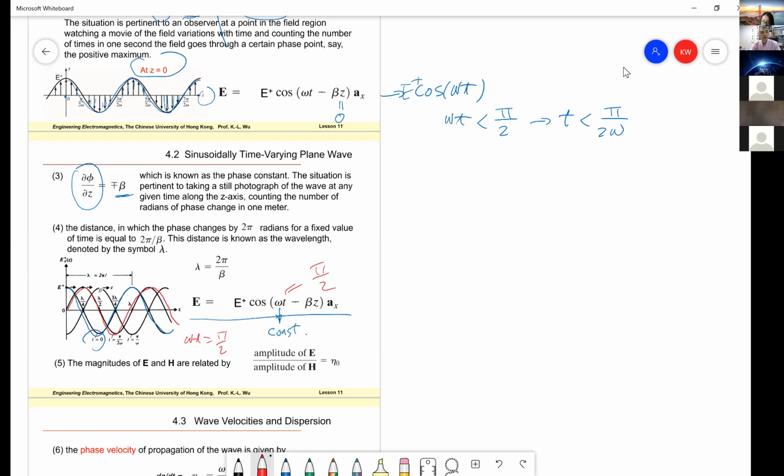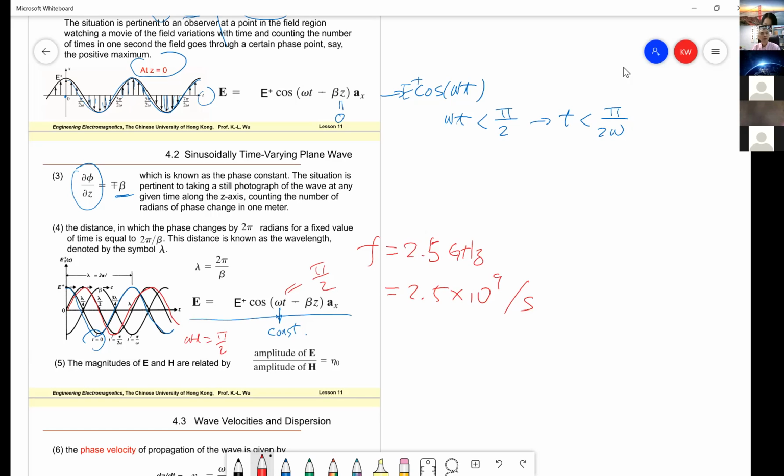Realistically, it's impossible because omega, the frequency, is too fast. The frequency we are talking about, say for Wi-Fi, is 2.5 gigahertz. That means 2.5 times 10 to the power of 9 per second.